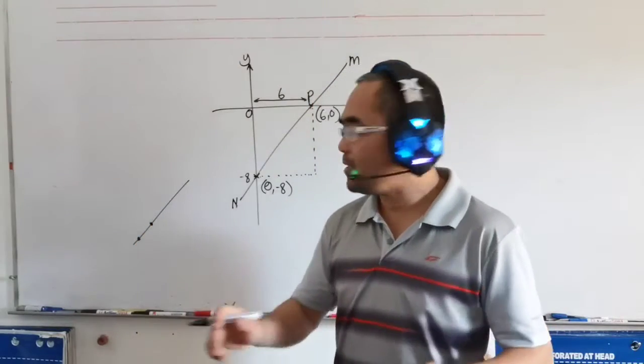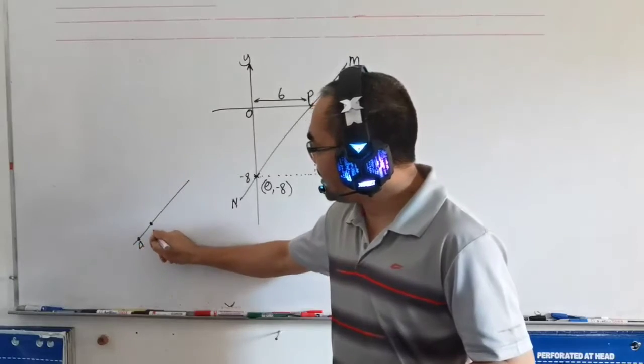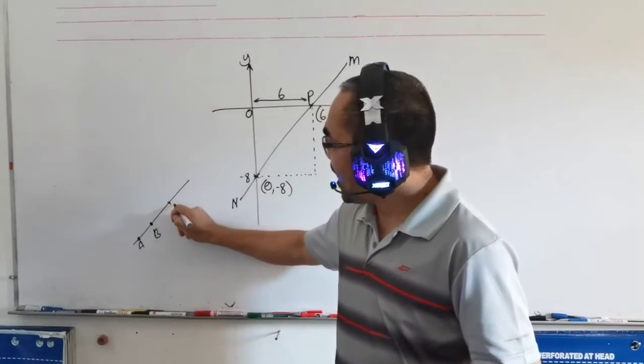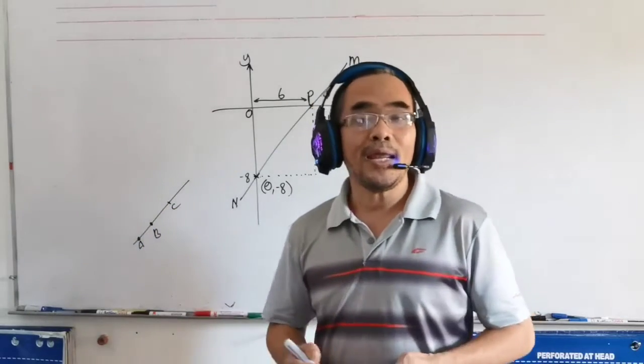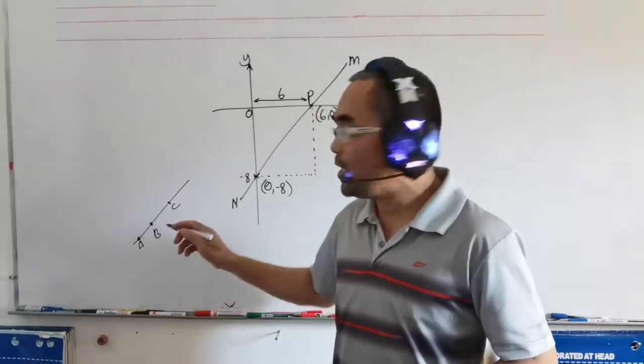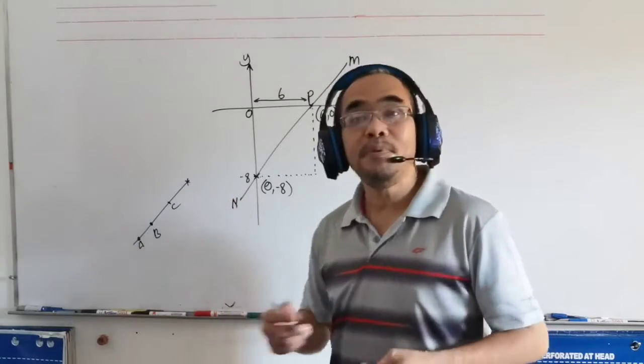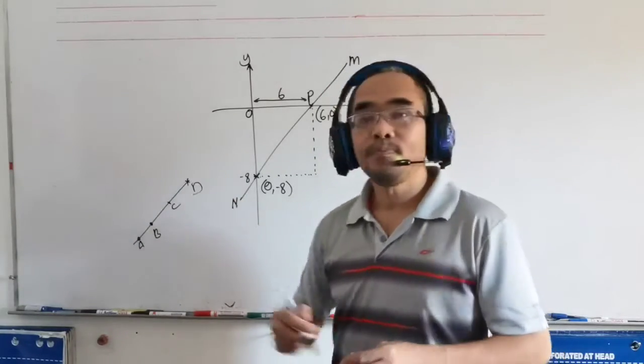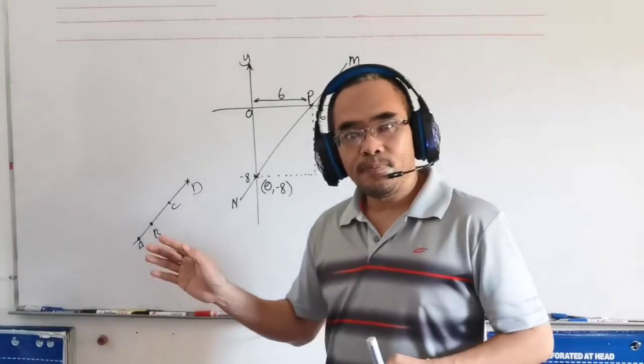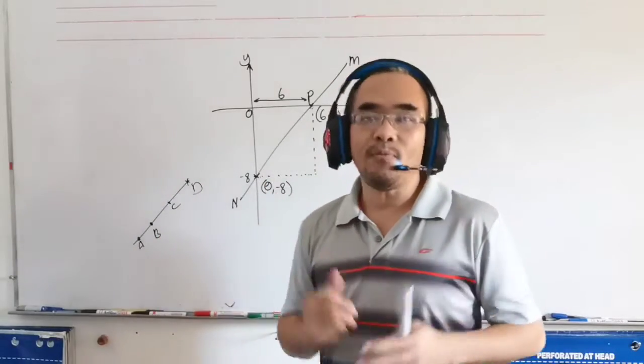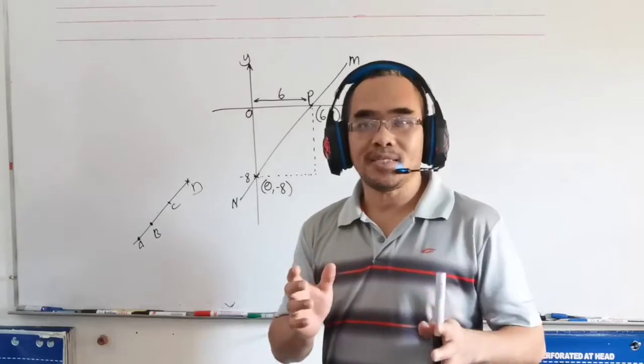You calculate the gradient. Let's say this is A and B, and this is C, and then you calculate the gradient from A to C. You calculate the gradient from B to D. You will find that the value of the gradient is a constant.